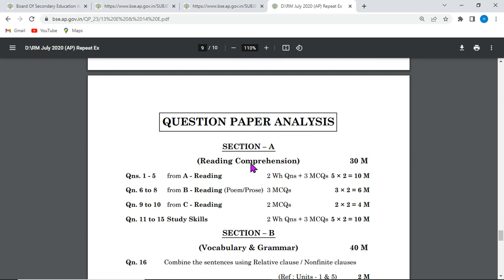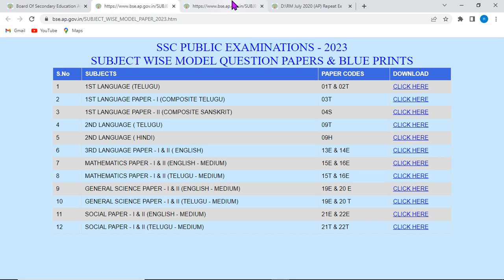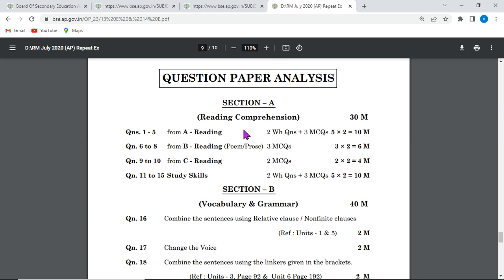So these are the blueprints provided from the BSc site. Everything you can download from this website and explain the process to your students. So with regard to English language question paper analysis, the blueprint is here.